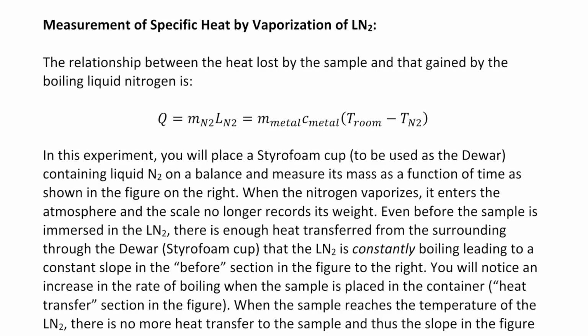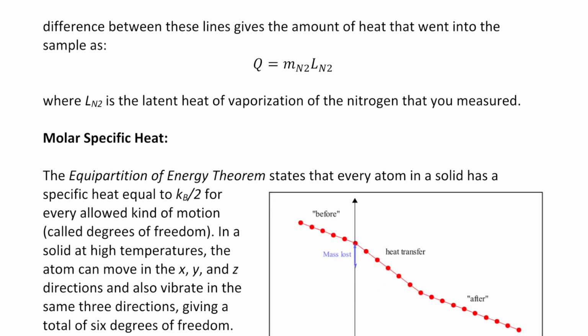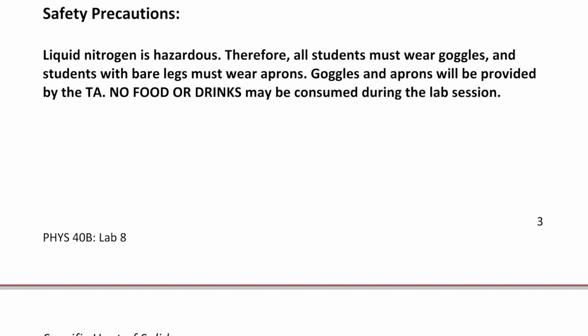All right, and later on, you're going to be using this equation to calculate the specific heat of some metals, I believe. The main thing with this lab is that we're going to have some styrofoam cups and a scale, and we're going to pour liquid nitrogen into the cups.